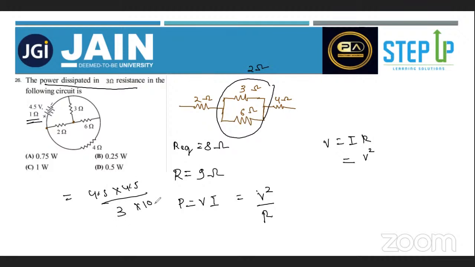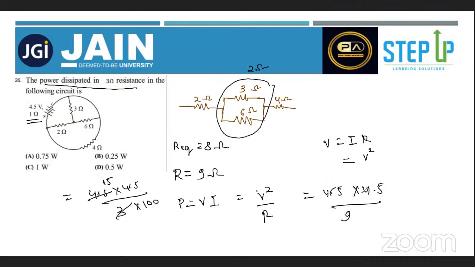I have 100 over here. This is 15. 45 times 450, and 450. So there's nothing like that in the options. Okay, if I write it in terms of the equivalent resistance also, I'll get 4.5 times 4.5 upon the equivalent resistance.